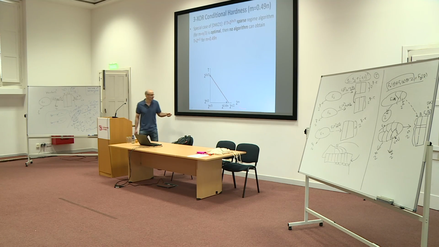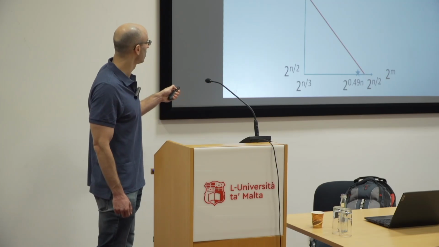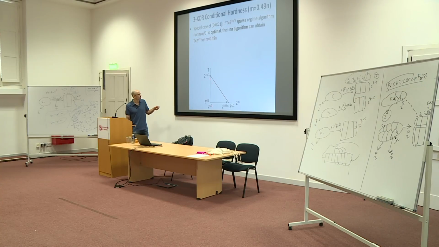You cannot obtain this point. What I'm showing is that if you cannot obtain better than this in the sparse regime, if you cannot push this point down, then you cannot push this point to the left. This is the result that I'm going to focus on.